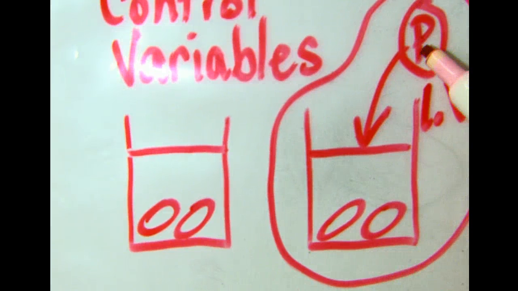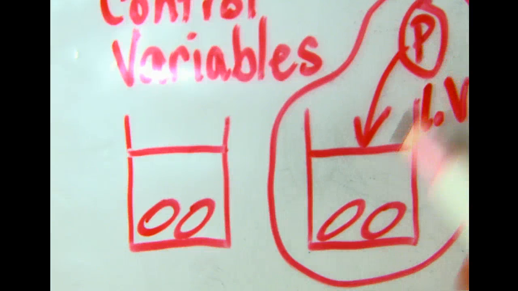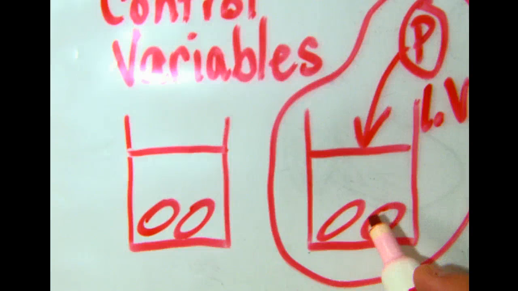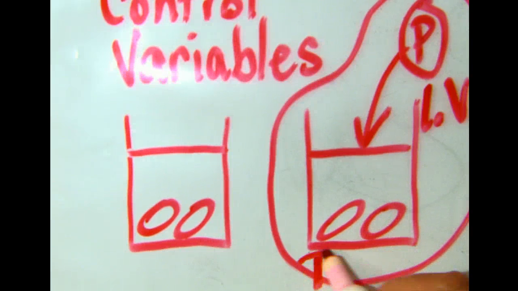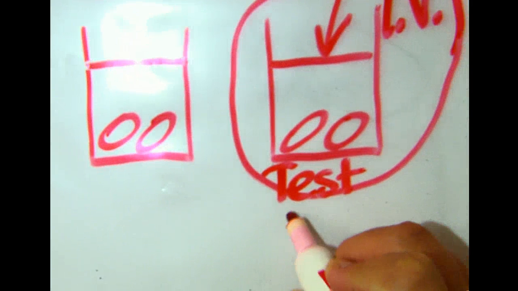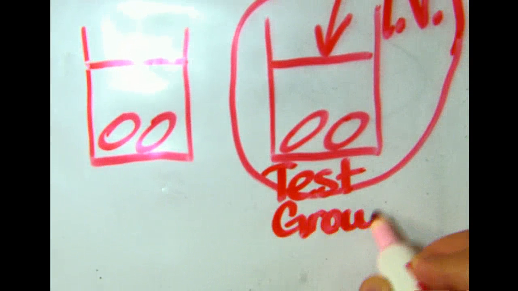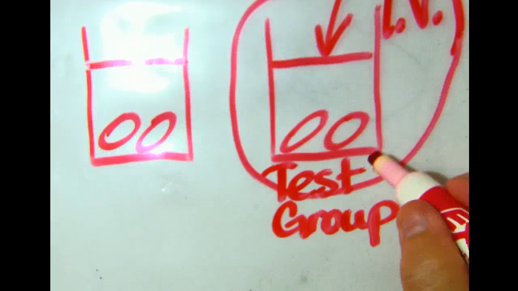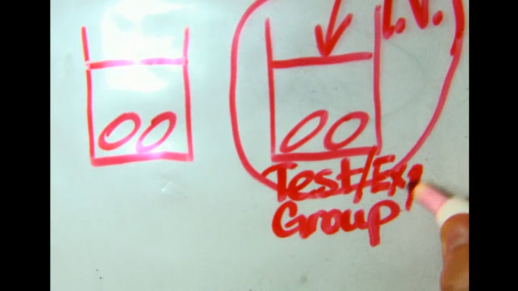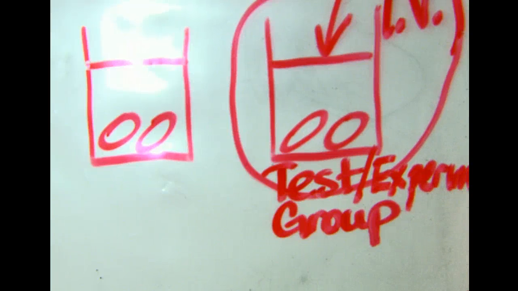We are testing the phosphate to see if it causes a decline in the mussel population. So this is called our test group, or our experimental group. You can use either term interchangeably. So the test or experimental group. And you need to be able to distinguish these.